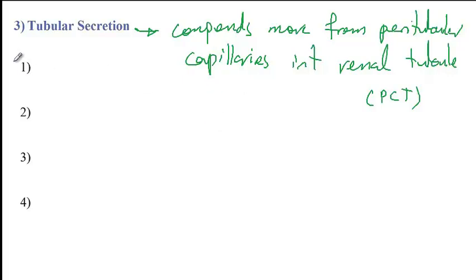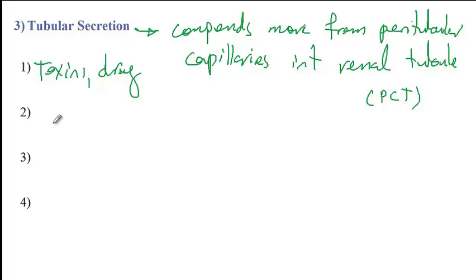So number one is mostly toxins, or for instance drugs that need to be excreted and gotten rid of inside the blood. These are tightly bound to the plasma protein and therefore cannot get filtered in the glomerulus, so they have to be secreted by tubular secretion.